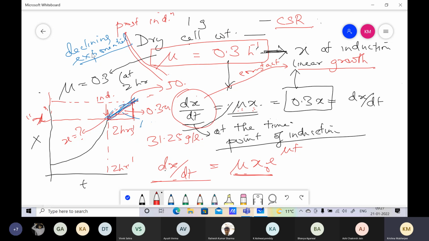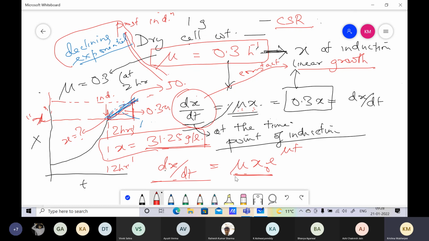So the assumption of linear growth, or declining exponential growth, has now allowed me to determine the point of induction. At this point of induction, my x is equal to 31.25 grams per liter, which means that my mu into x, if mu is constant, till this point I have continuously increasing oxygen demand.